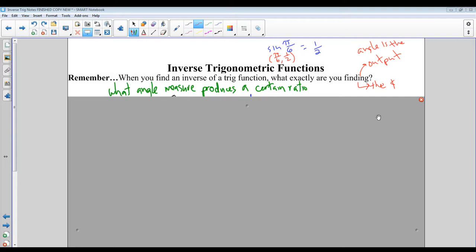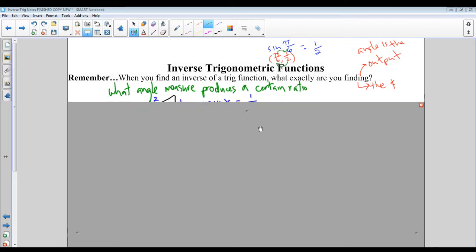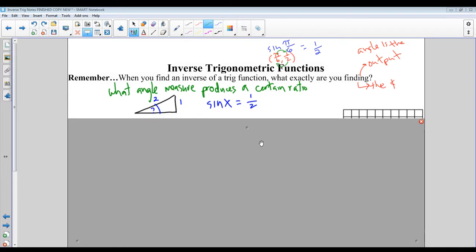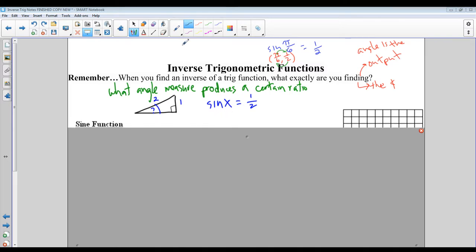The inverse takes it the other way around. We know the ratio. The output is the angle that produces that ratio. So that's what we're going to look at today. For example, on a drawing, we would say, okay, here's my right triangle. I know the ratio is 1/2. So we're asking ourselves, what is the angle that produces that ratio?